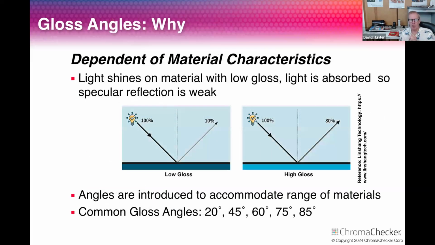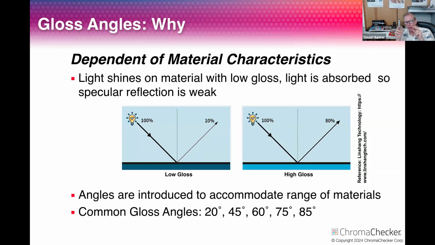Now, the gloss angle. Depending on the material characteristic, when the light shines on a material with low gloss, more light is absorbed, so less reflection happens. Whereas with high gloss, a high degree of the light is reflected into the sensor.